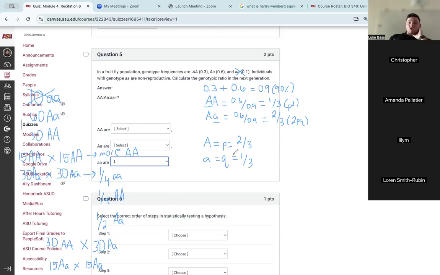And from there, you'll be able to find AA, or big A, or P squared. That'll give you a ratio. Little a will give you a ratio. And then you'll also be able to do 2PQ to give you a ratio. So I'll leave that. That way you guys are still able to work with calculating ratios under Hardy-Weinberg equilibrium without really giving you the answer too much.